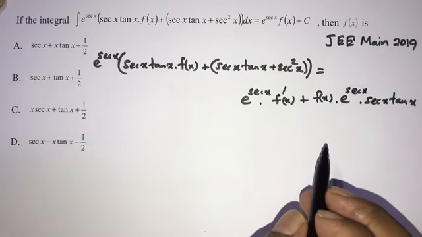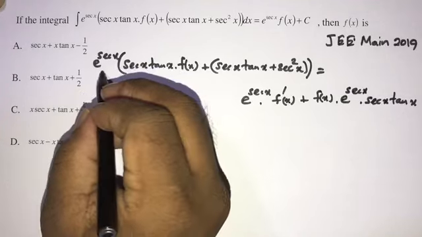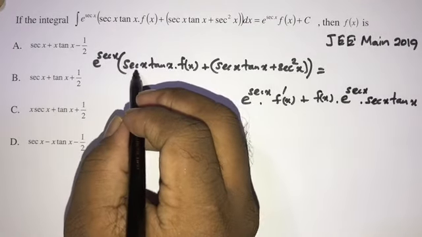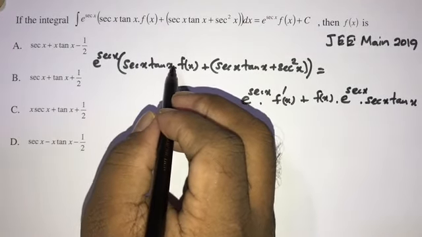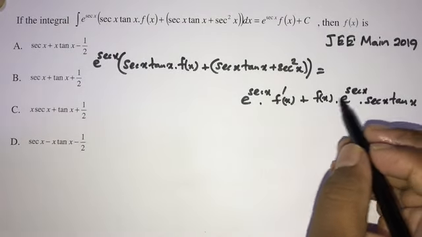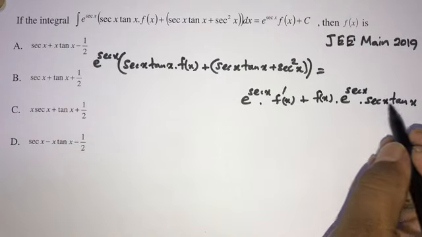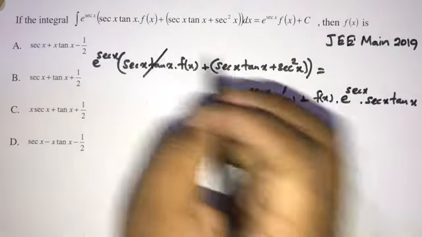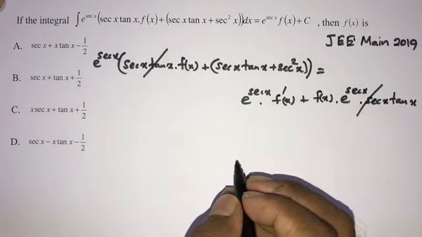Okay, now here e to the secant of x, sec of x, tan of x, f of x. Here the same term, e to the secant of x, f of x, secant of x, tan of x. So this term gets cancelled.